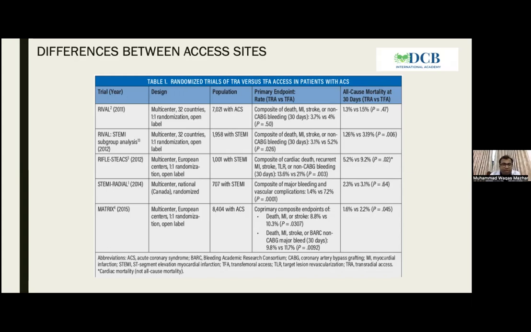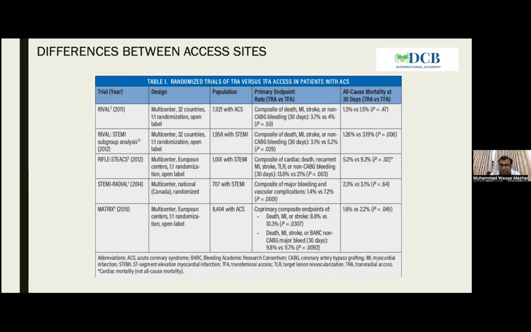Next, Rival STEMI, which is a subgroup analysis conducted in 2012. It is also a multi-center and open label trial conducted in 32 countries with 1:1 randomization. In this, 1,958 patients with STEMI were included, and in terms of the primary endpoint, a composite of death, MI, stroke, and non-CABG bleeding at 30 days, it was 3.1% with the transradial approach and 5.2% with the transfemoral approach.